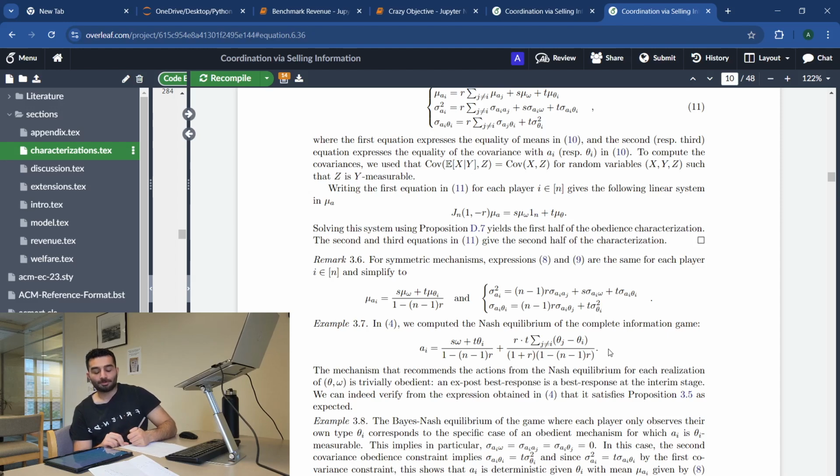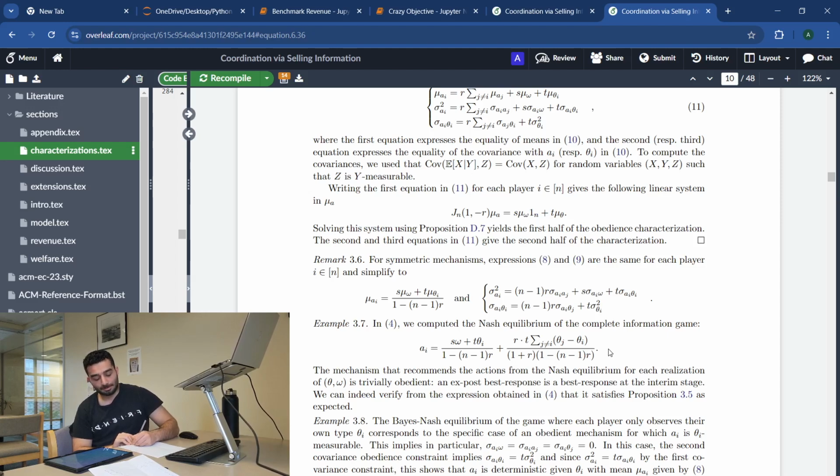Okay. First PSD binds and n minus 1 r minus 1 is negative. So it's an equality. We have x and y, then we have sigma a aj.